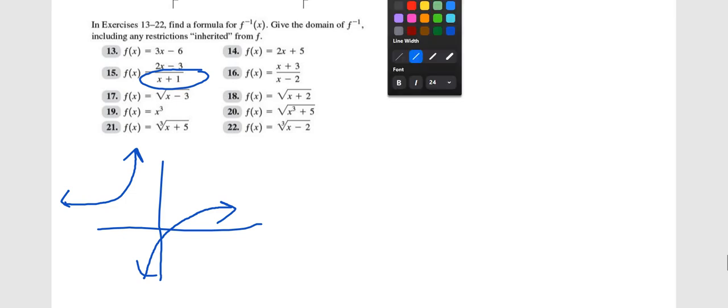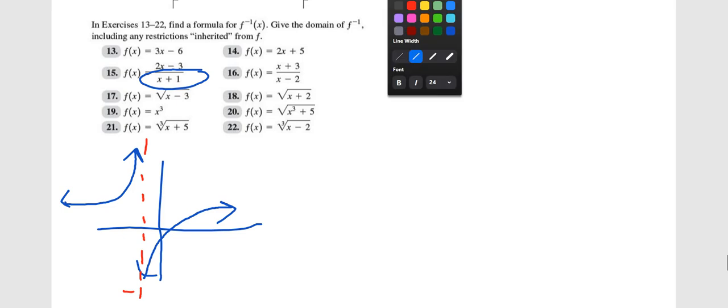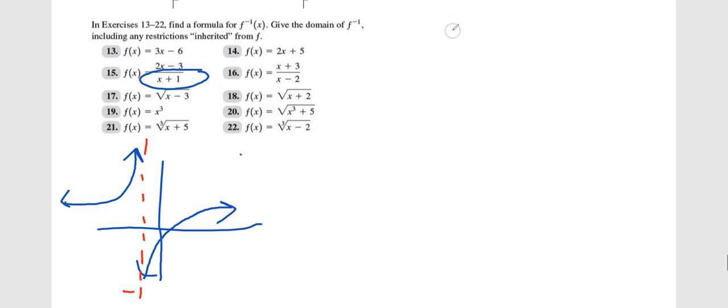And you guys said that negative 1 was causing me a problem. True. All right, so what's the domain of that? What's the domain?